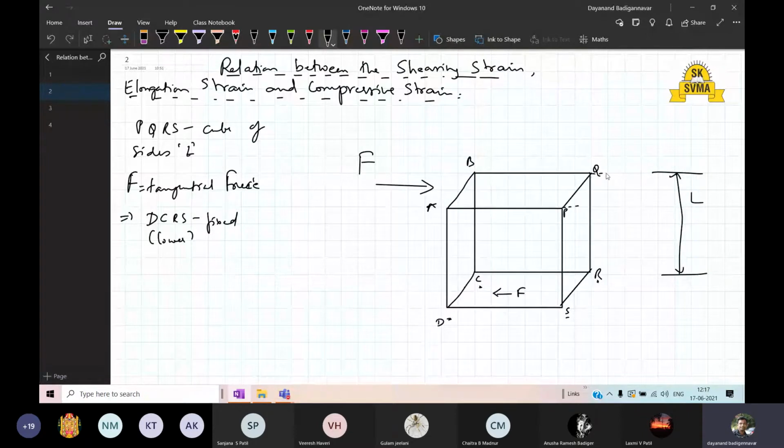So Q gets shifted to Q dash like this. P gets shifted to P dash like this.